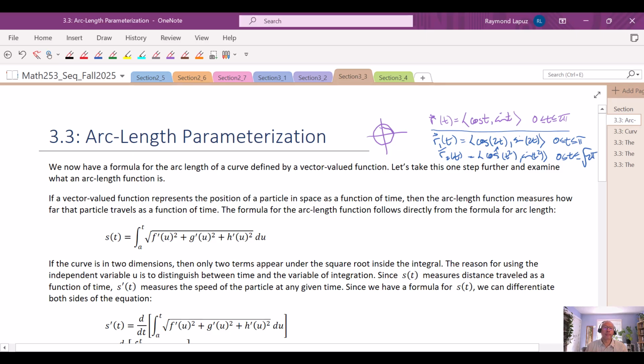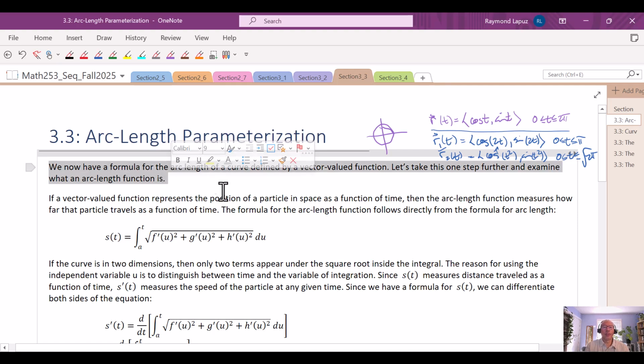So the idea of this arc length parameterization is to parameterize a curve in a certain way that has a very special property. So let's read through this rhetoric here, the paragraphs. So we have the formula for arc length defined by a vector valued function, and let's take this a step further and call this formula an actual function. I think we've done this in calculus 1, where we took the integral and made a function out of it.